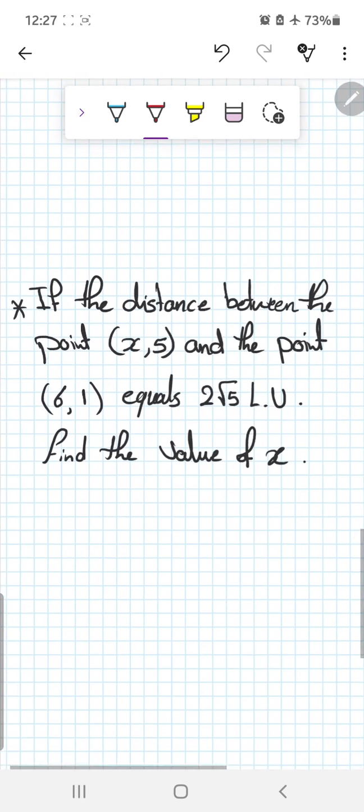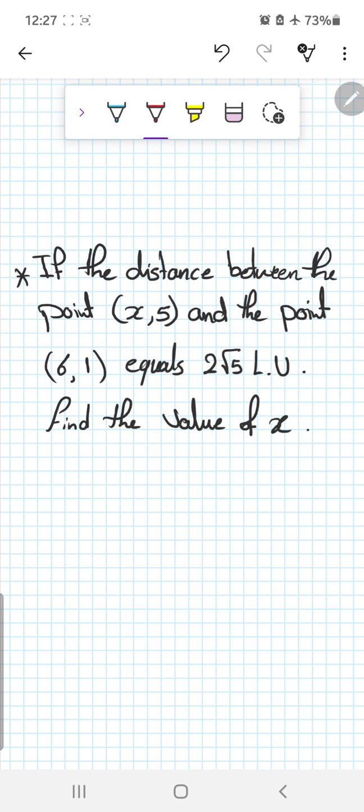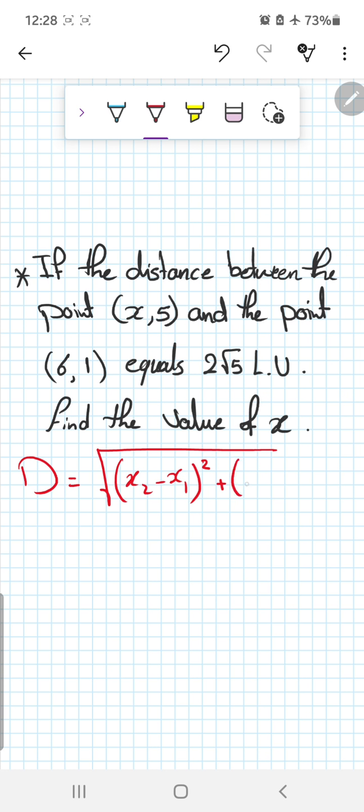The last example: if the distance between the point (x, 5) and the point (6, 1) equals 2 root 5 length units, find the value of x. We said before the law of the distance equals the square root of (x2 minus x1) squared plus (y2 minus y1) squared.